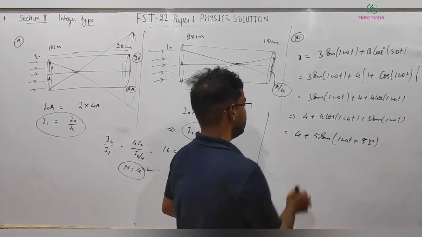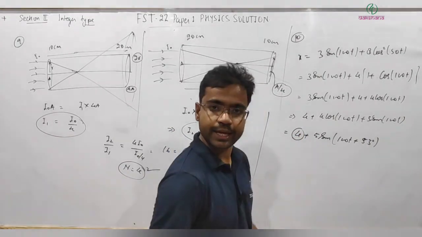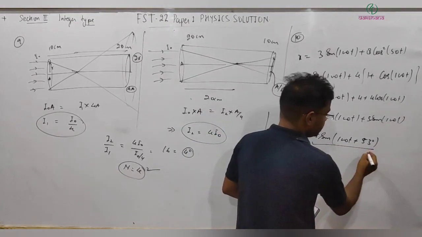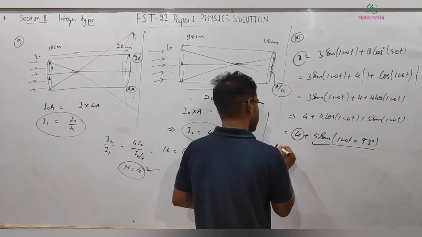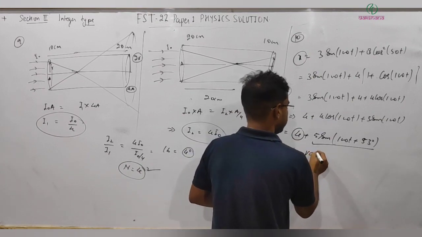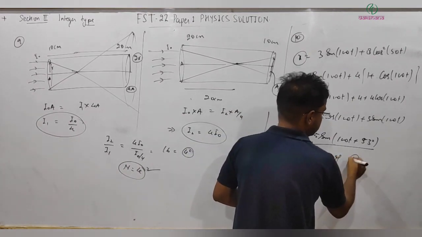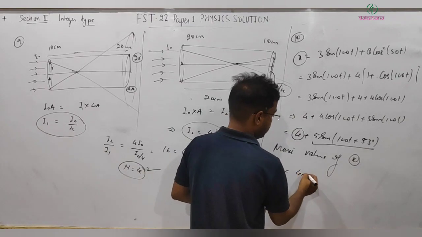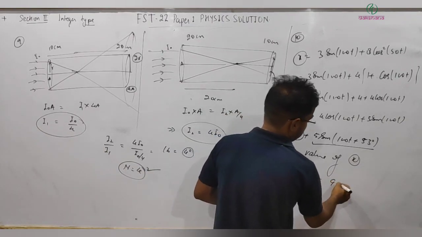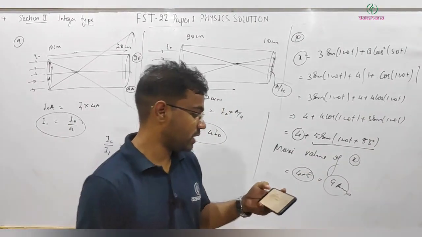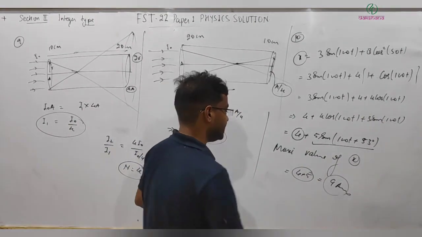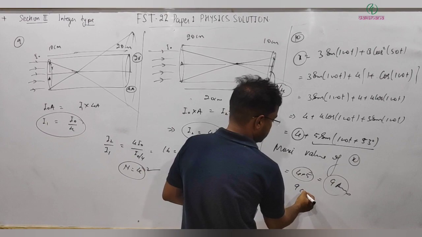The maximum value: this 4 will be there, and the maximum value of the other term is simply 5. So the maximum value of displacement x is 4 plus 5, that is 9, and this is your answer. Because x is given in centimeters, finally it will be 9 centimeter.